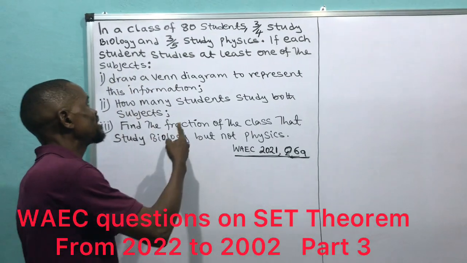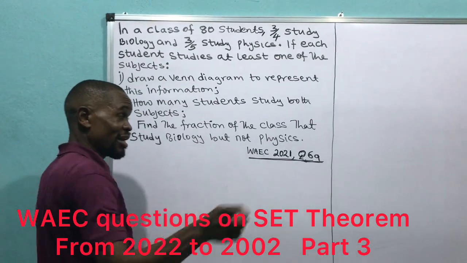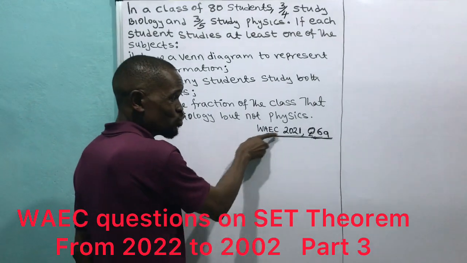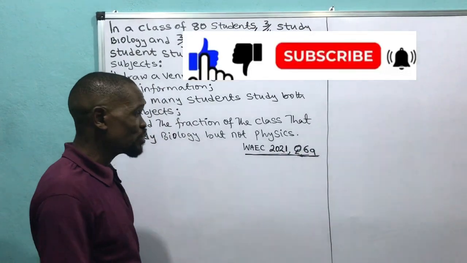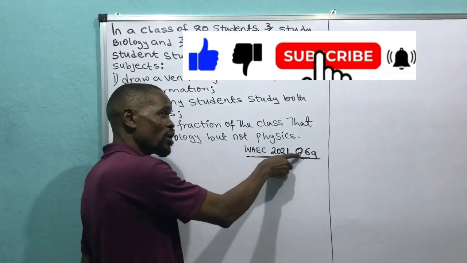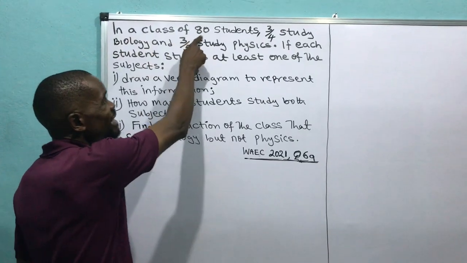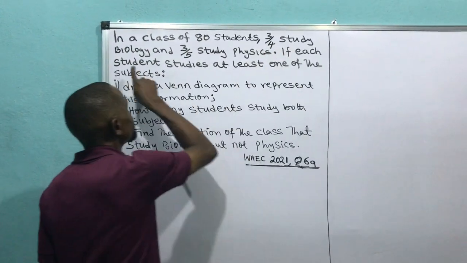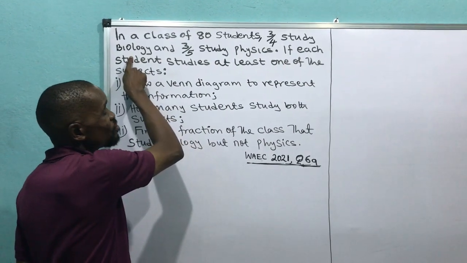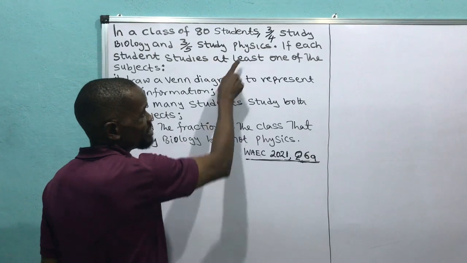This question was asked in WAEC 2021, question number 6A. If you have your past question, you will see WAEC 2021, question number 6A. The question was, in a class of 80 students, 3/4 study biology, and 3/5 study physics.